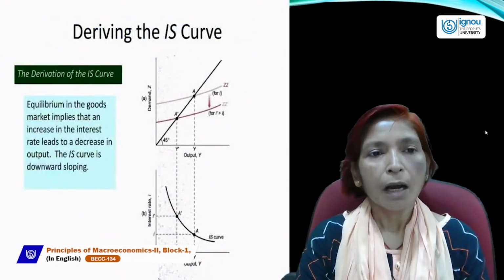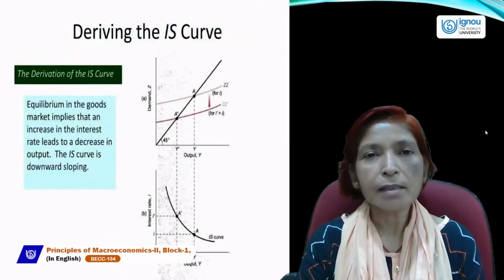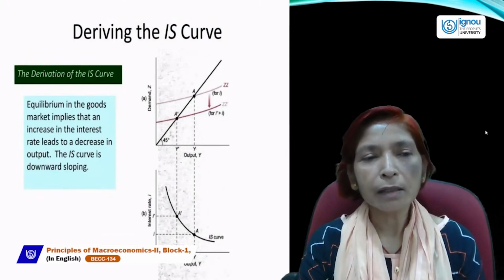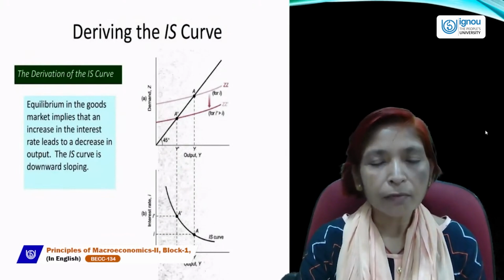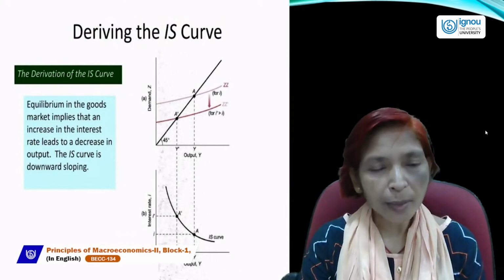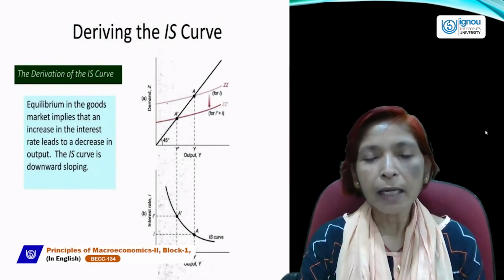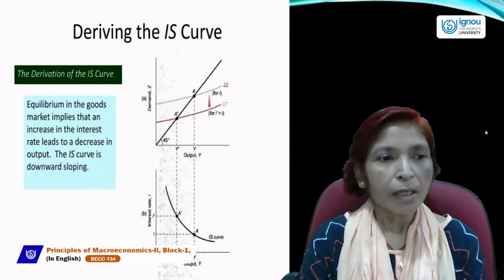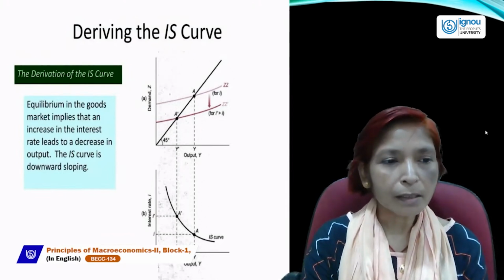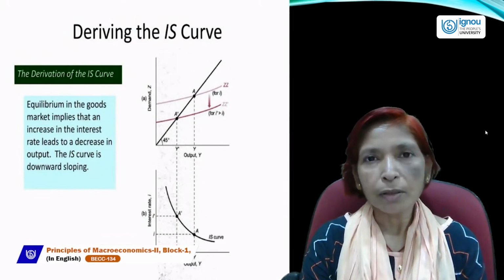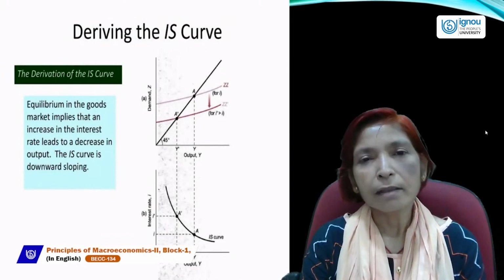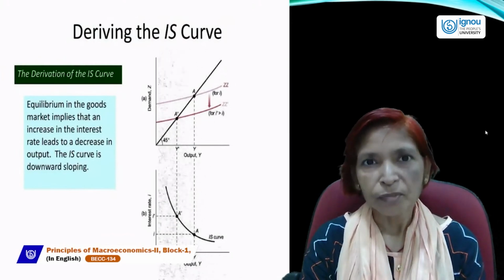Next is the derivation of the IS curve. This is a very important topic. How can the IS curve be derived with the help of the investment curve and the aggregate demand and aggregate supply curves? The derivation of the IS curve depends upon the relationship between investment and the rate of interest.